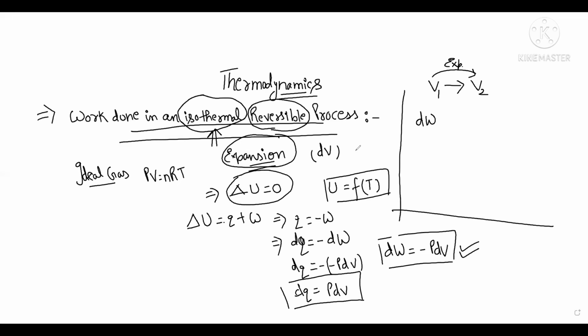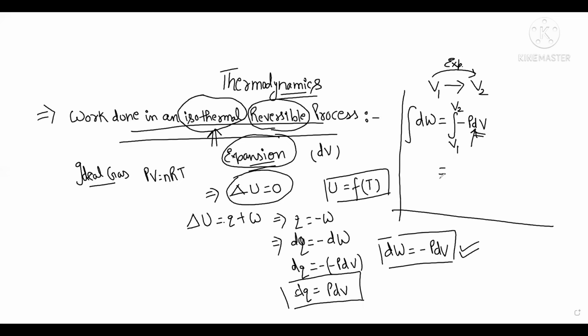To calculate the total work done in the whole process of expansion of the gas, we integrate minus PdV. The limits will be of that variable before which d is written. This d denotes the differential part, so d is written before the variable V, and we take the values of volume V from V1 to V2.